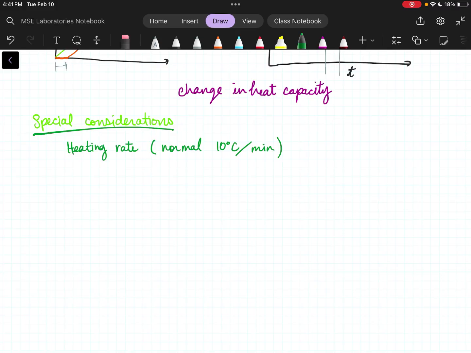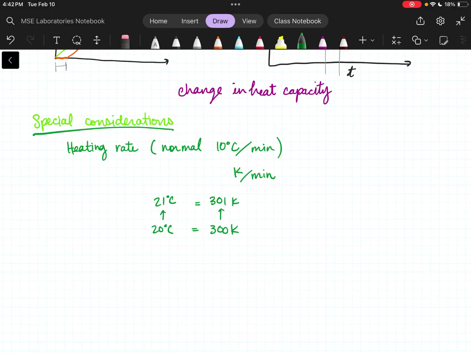As a point of information, some software will talk about Kelvin per minute instead. You might be tempted to convert Celsius to Kelvin in order to convert Celsius per minute to Kelvin per minute. But it's important to note that 20 degrees Celsius is the same as 300 Kelvin, and if I increase by 1 degree, so I have 21 degrees Celsius, that's the same as 301 Kelvin.